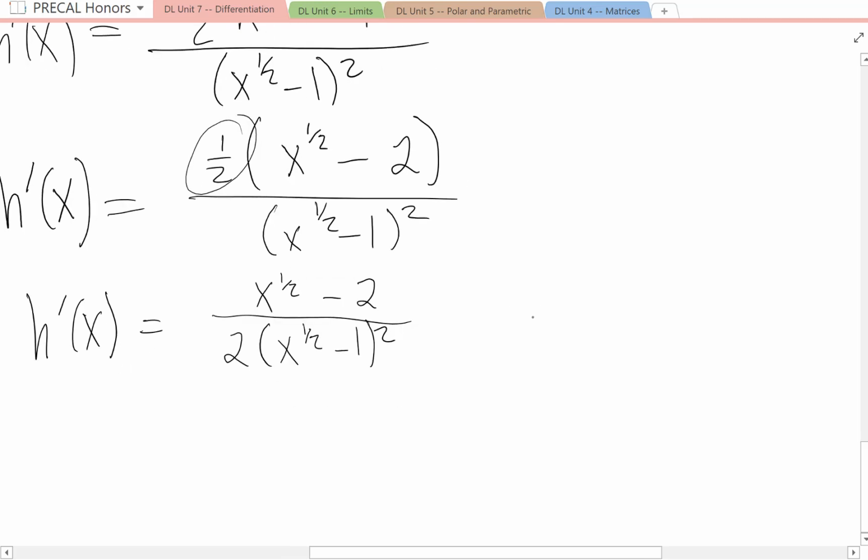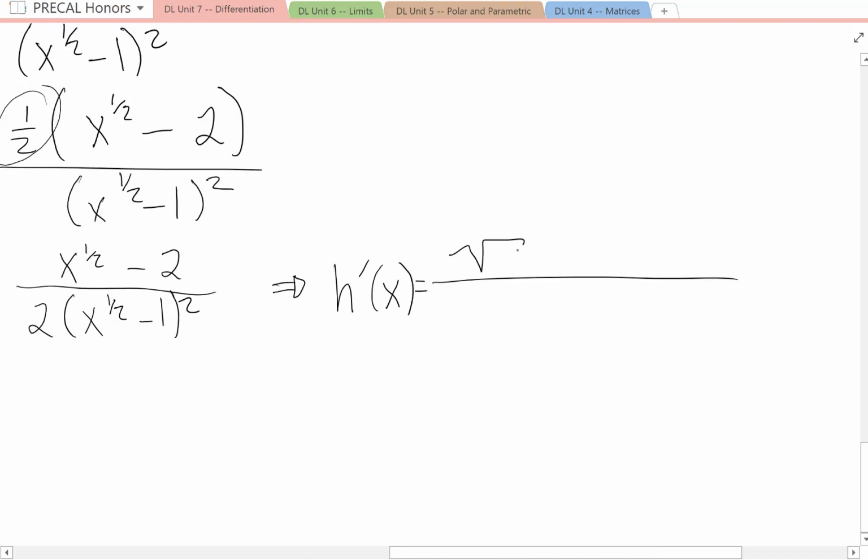I would like your answer in radicals rather than fractional exponents. So h prime of x is equal to root x minus 2 over 2 times root x minus 1 squared. So yes, there is a root in the denominator, but we have one fraction. It's pretty consolidated, and so we're going to stop it there.